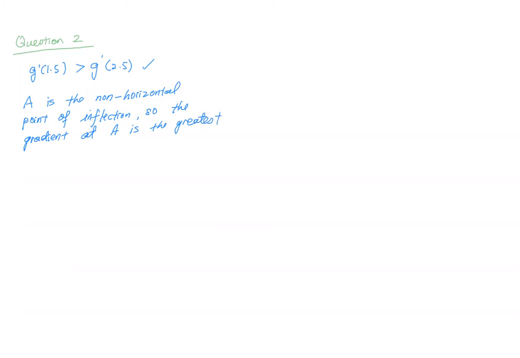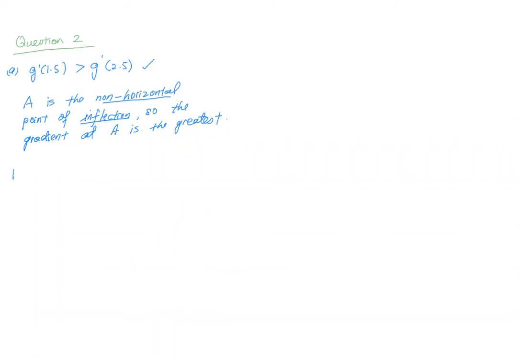Or you can say the rate of change at A is the greatest. So therefore, you get me? So that is how you explain non-horizontal inflection point. So the whole graph is increasing, so we don't care. Unless we have different part, then we'll talk about that. Okay, can or not? So that will be your answer for part A.